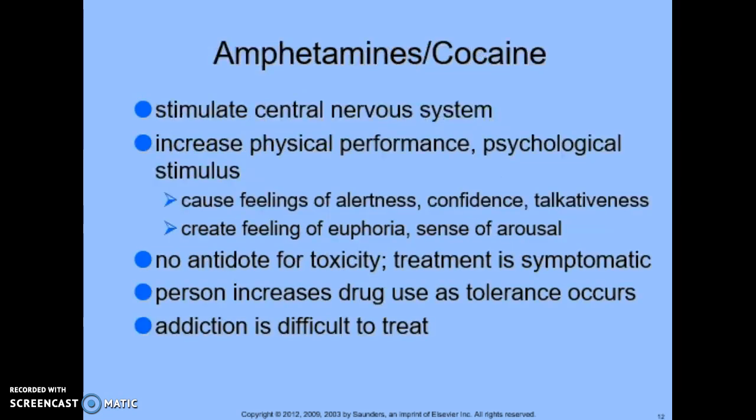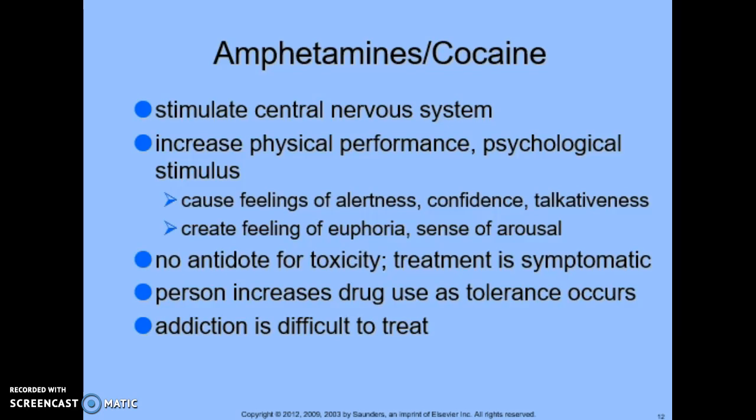Amphetamines and cocaine. Amphetamines are also called uppers or speed and have both legal and illegal uses. Amphetamines are used legally to treat chronic fatigue, narcolepsy, and ADHD, as well as mental depression. Amphetamines and cocaine are stimulants of the central nervous system.